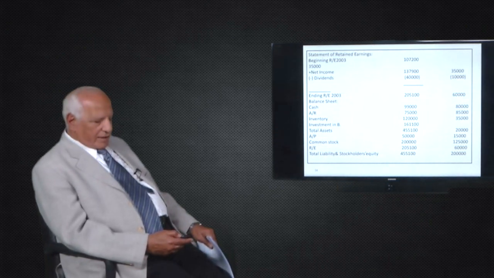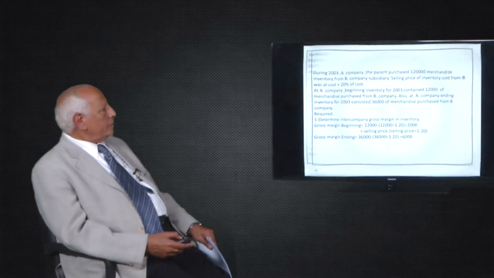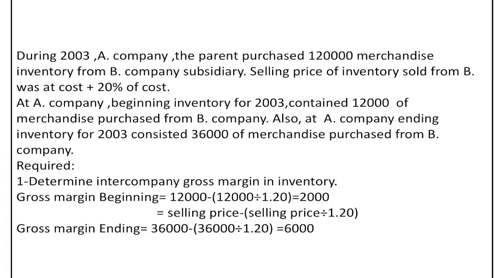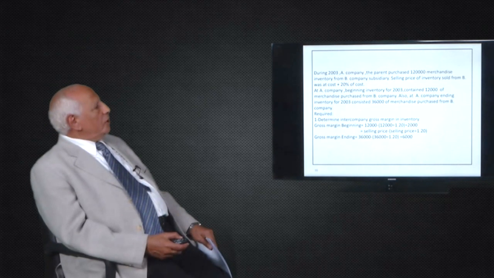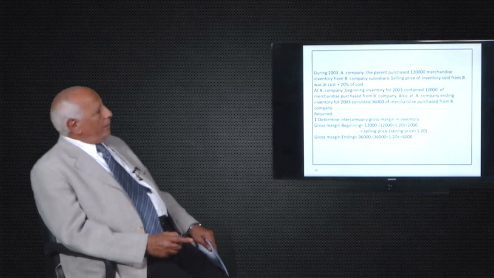It's a given example to you. This one here is telling you during 2003, again, A company, the parent, purchased 120,000 merchandise inventory from B. Sub's selling price for B was cost plus 20% of cost.